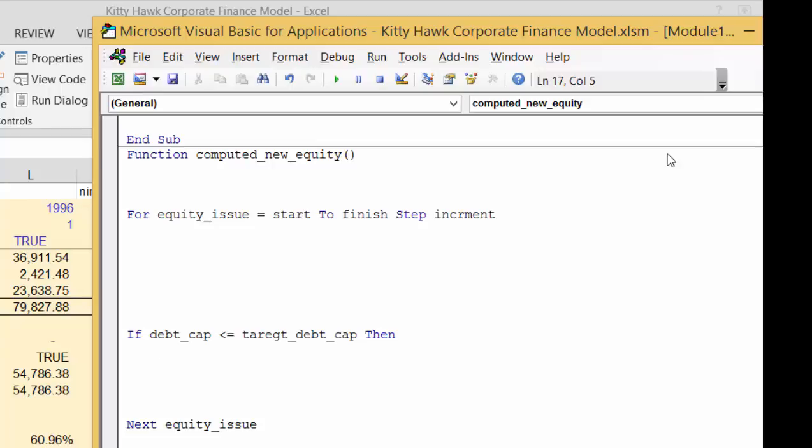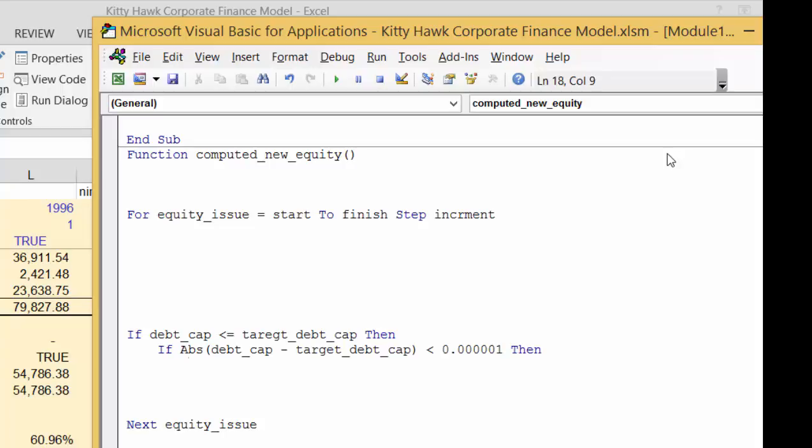Okay, and the first thing we do is we decide if the absolute value of the debt to capital minus the target debt to capital is less than some really small number, then we can get out of the whole function.